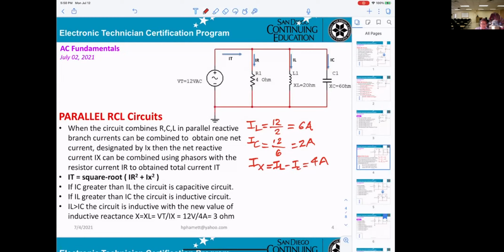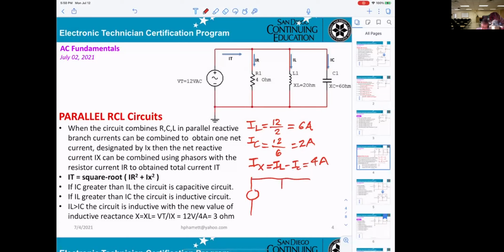And the new current IX will be equal to 4 amp. And if you want to calculate the new X value of the new circuitry, you take the VT divided by IX. That will give you 3 ohm.